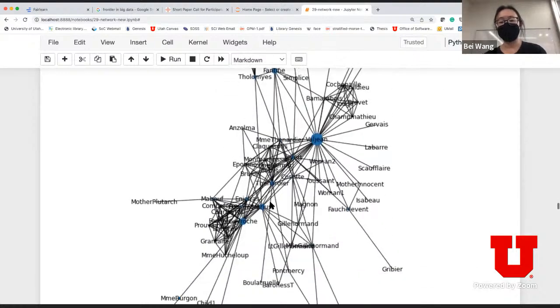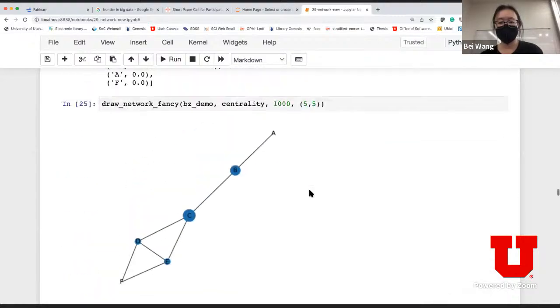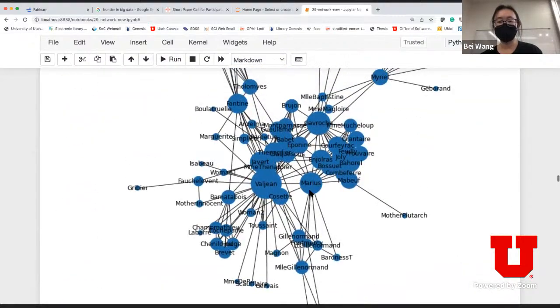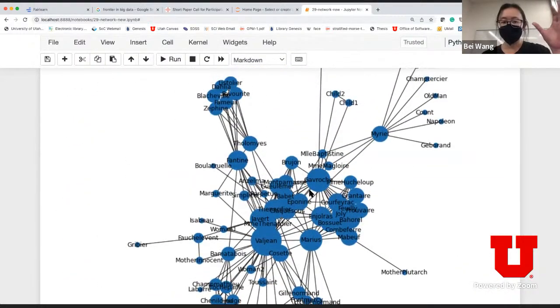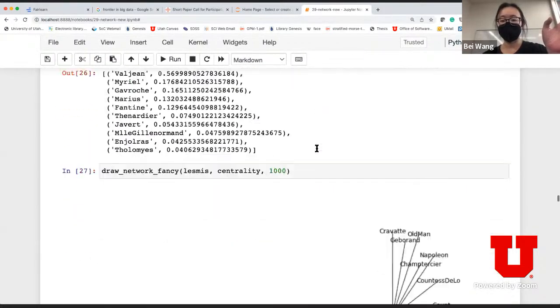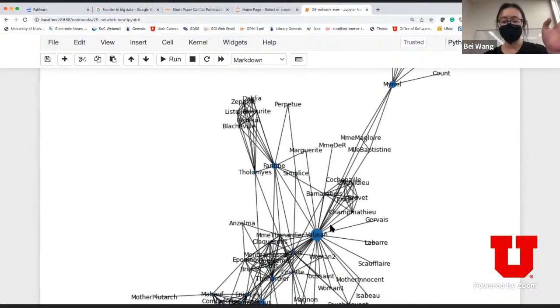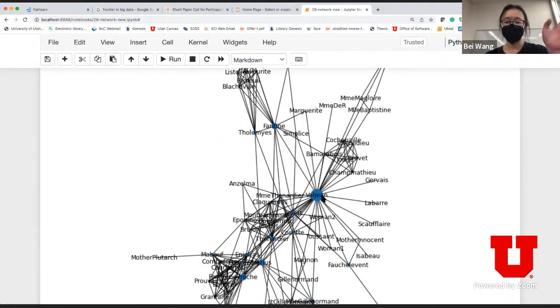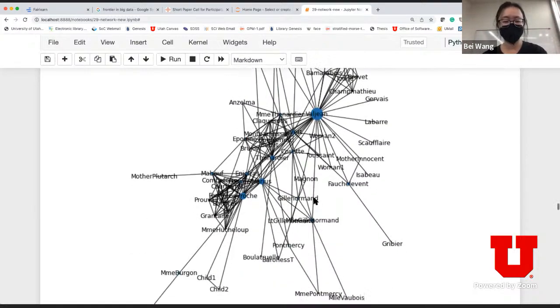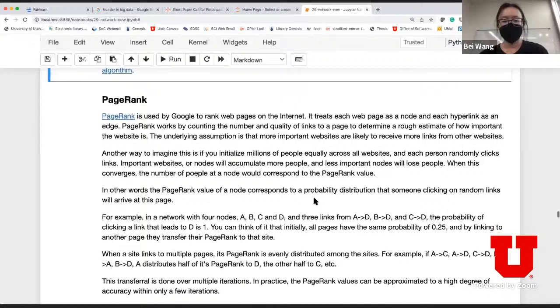But what's really interesting when comparing those two is that you can have multiple nodes in this picture that have a really high degree, but if you think about centrality, there are much fewer nodes. Those are the ones that play important roles in how different plots of the novel connect.